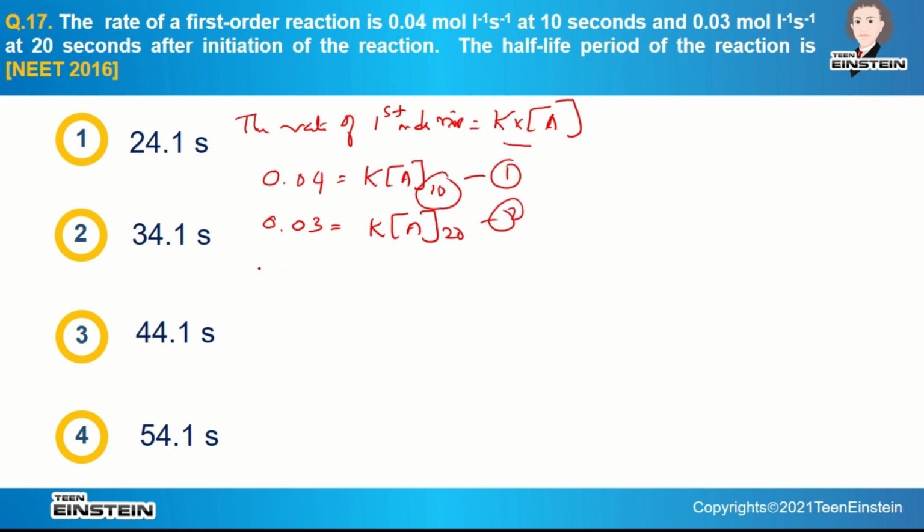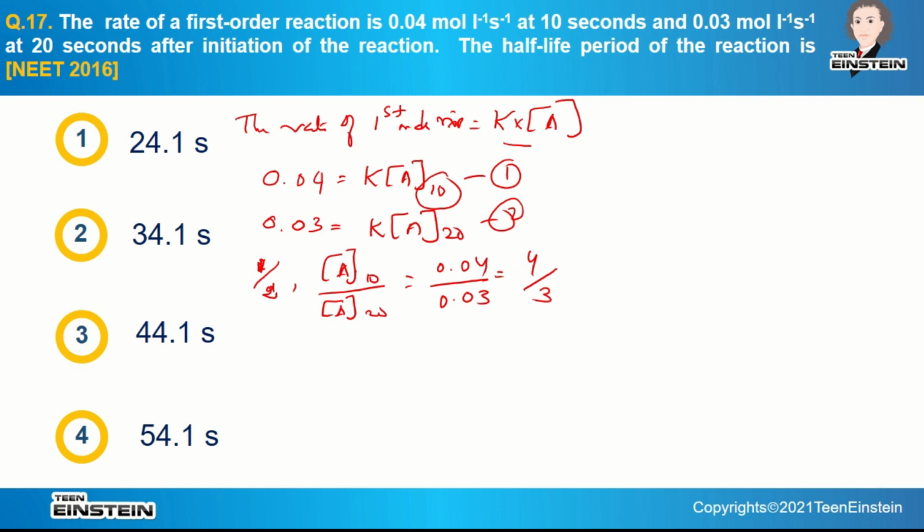So divide equation 1 by equation 2. So we have [A] at 10 divided by [A] at 20, which is equal to 0.04 divided by 0.03, which is equal to 4 by 3.